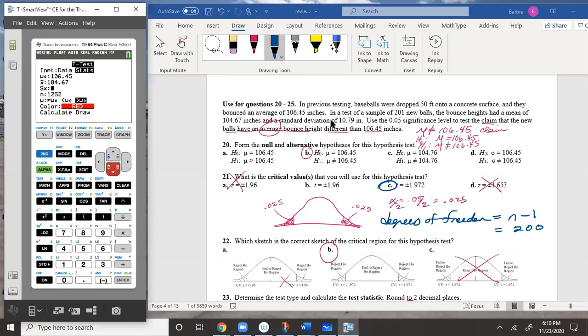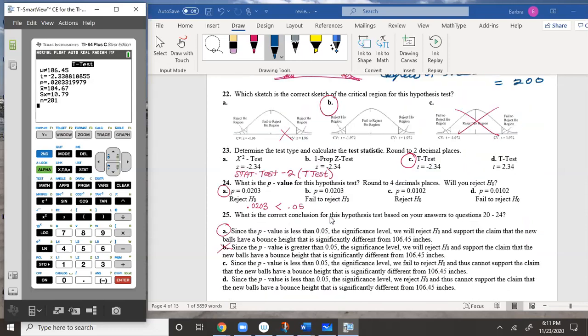The sample standard deviation is 10.79. N is 201. And different, so this is not equal. And then calculate. They give you the test statistic, which is negative 2.34. All right, so number 23, the correct answer is C.